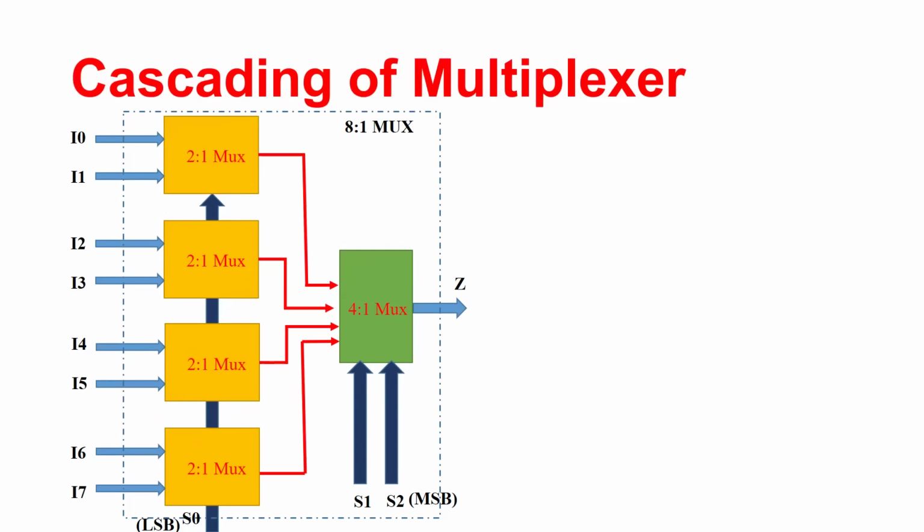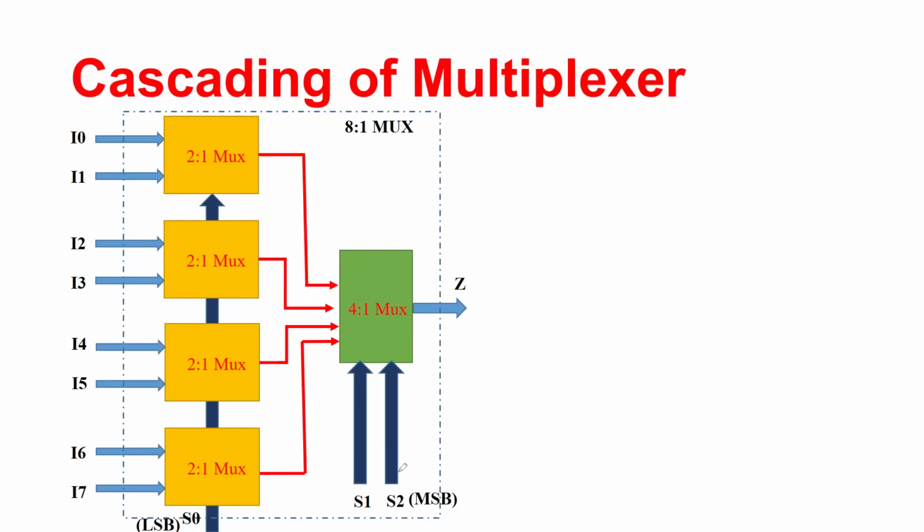Now, this is the final form of making the 8:1 MUX. So you can see that an 8:1 MUX can also be realized using 4 2:1 MUX, as you can see, and one single 4:1 MUX.